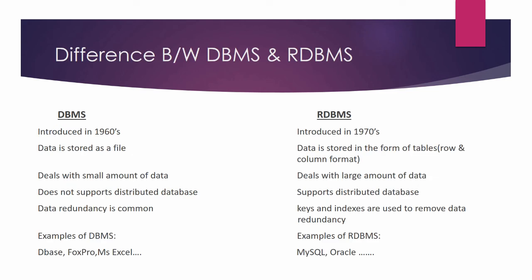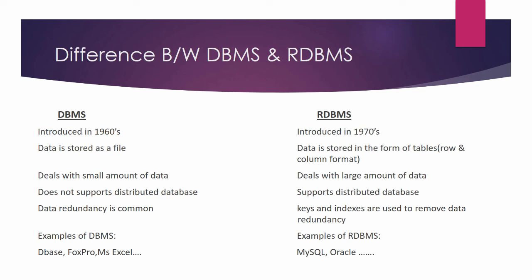Now let's study the difference between DBMS and RDBMS. Some key differences between DBMS and RDBMS are listed here. Firstly, DBMS was introduced in the 1960s, whereas RDBMS was introduced in the 1970s. In a database management system, data is stored as a file, whereas in RDBMS, data is stored in the form of tables.